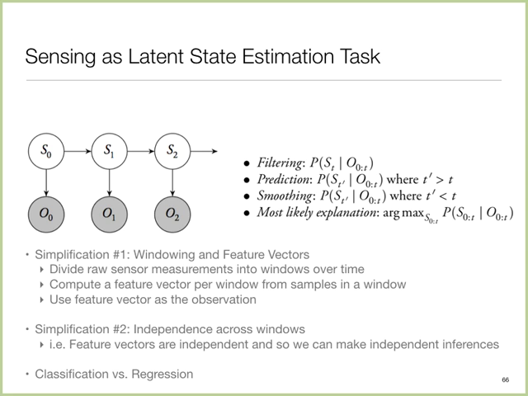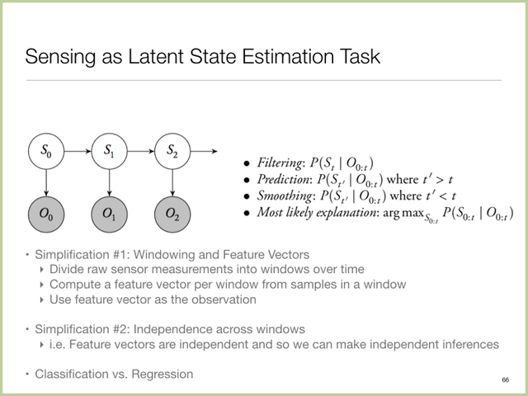There are certain simplifications that get made in these things. One common set of simplifications is windowing and feature vectors. So we divide the sensor measurements into windows of time, and then we compute a feature vector over that window of time.